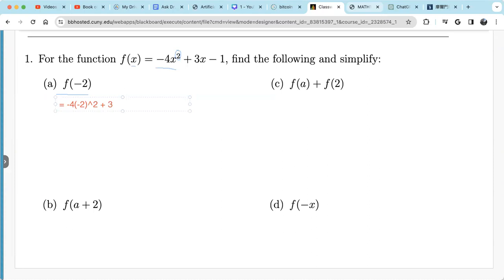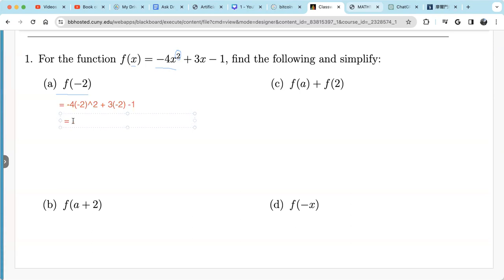Then plus 3 times negative 2, then minus 1. As you can see, we don't change the numbers. Negative 4 stays, the square stays, 3 stays, negative 1 stays. The only thing that changes is the x, the variable, which depends on the input.